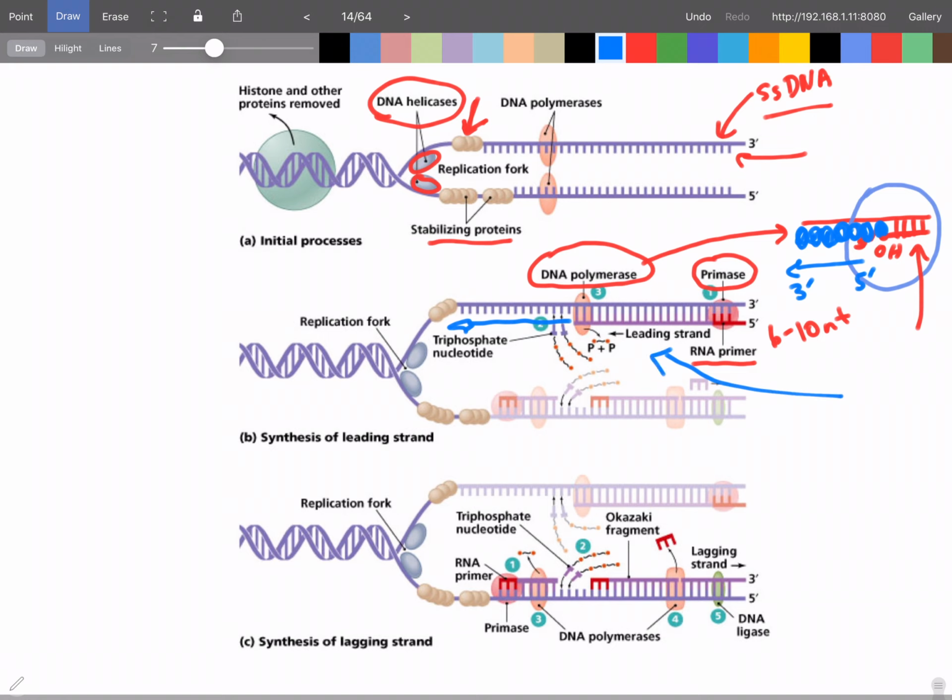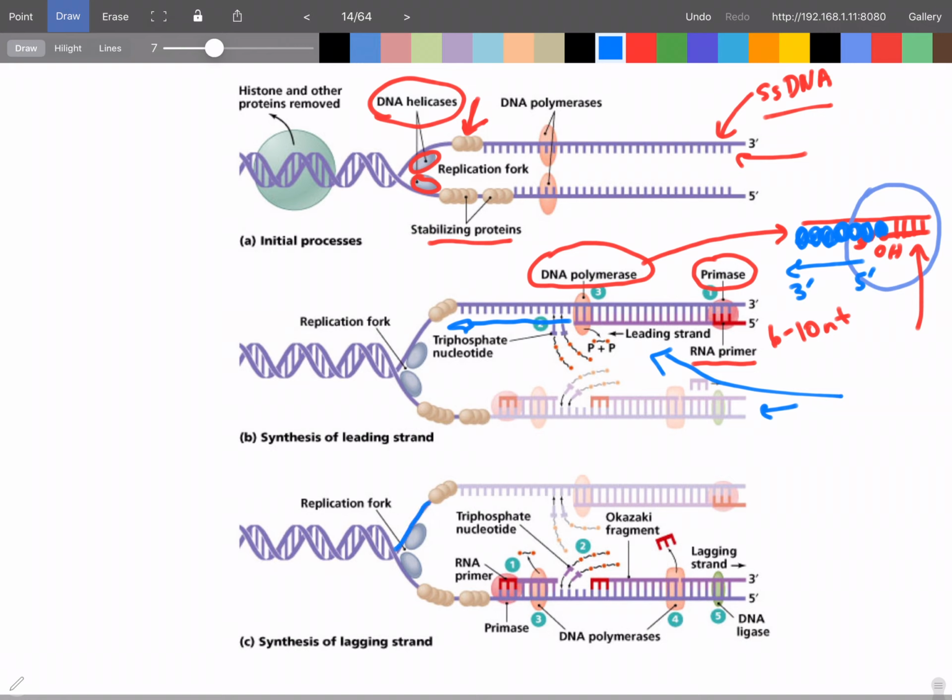Okay? Now, there's something happening on the other strand. We're not highlighting it here, but DNA polymerase can't work continuously on this other strand. Okay, so at every replication fork, you're going to have 2 strands of DNA.